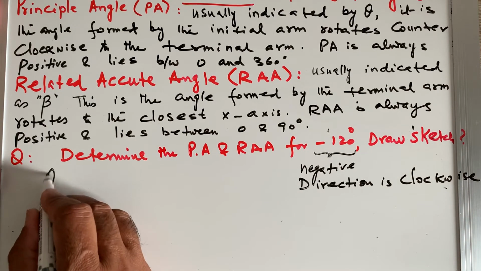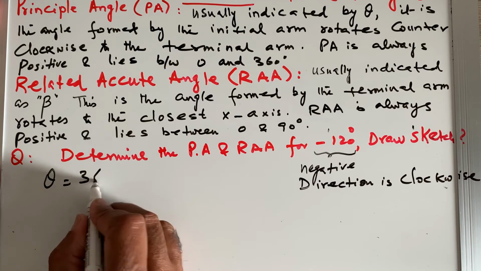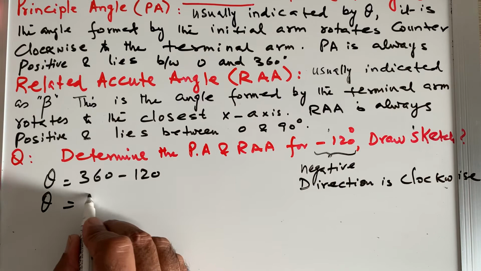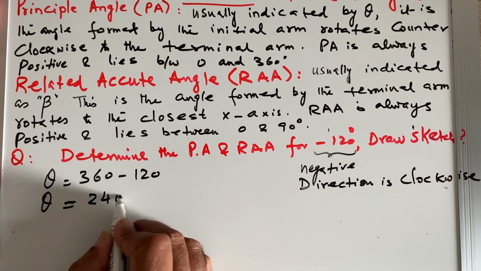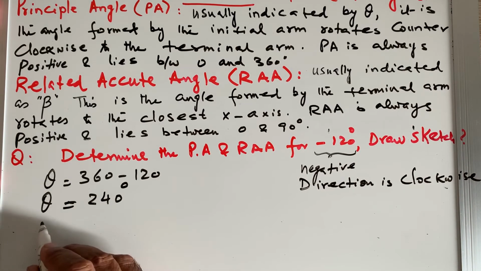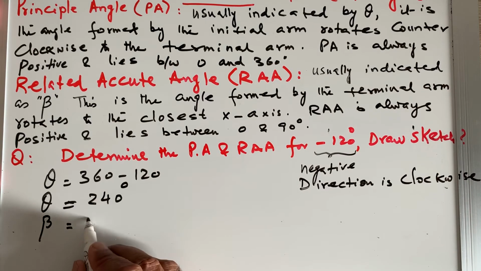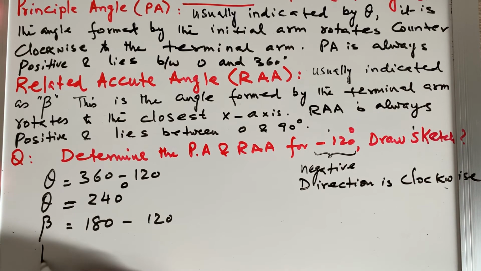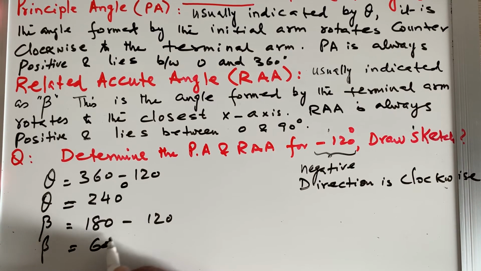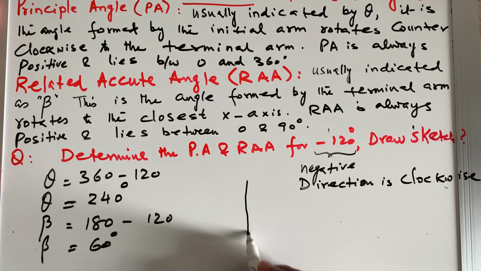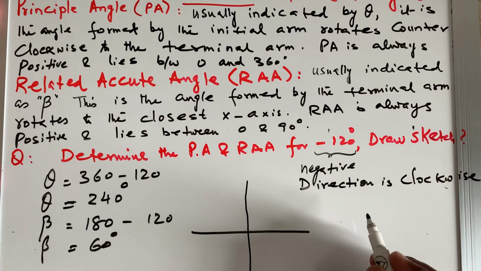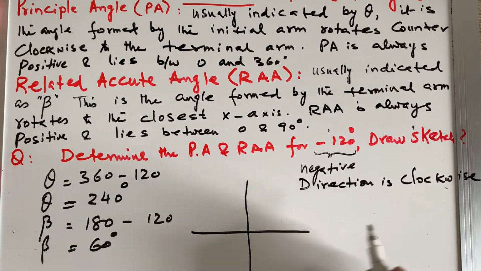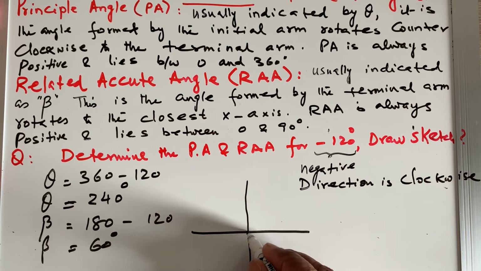So my theta will be 360 minus 120, which is 240 degrees. Whereas my beta will be 180 minus 120, so my beta will be 60 degrees. And to draw the diagram, what I understand from lecture 1 and lecture 2 is that the angle is somewhere here.